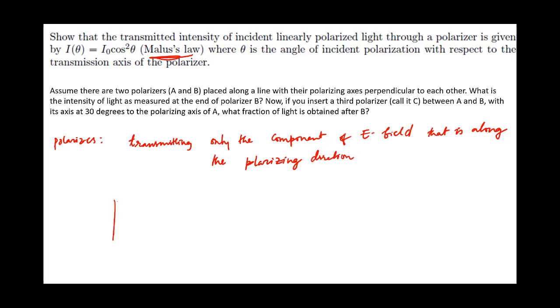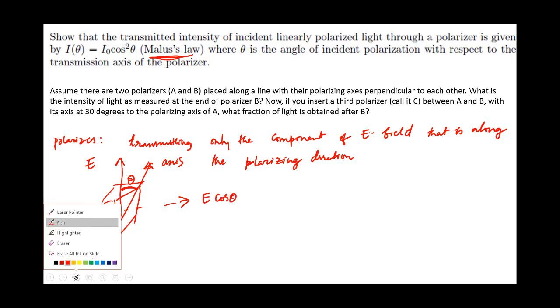So if I have a polarizer, let's say, and I have a particular polarizing axis here, and a particular component of electric field that is this, and it's making an angle theta, then what is transmitted is only E cosine theta.